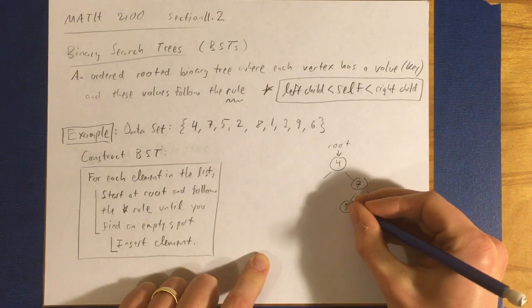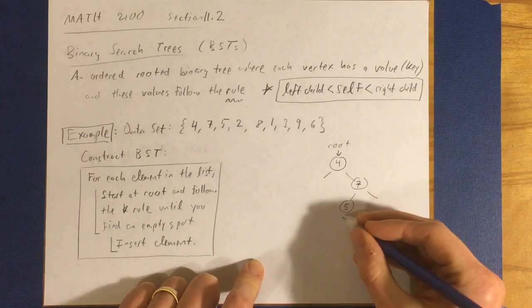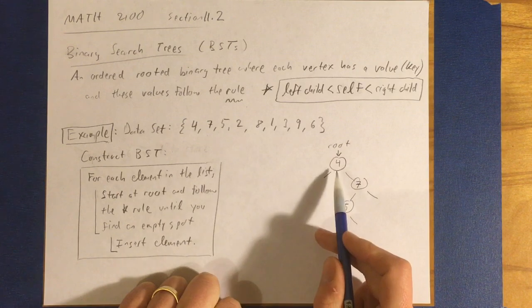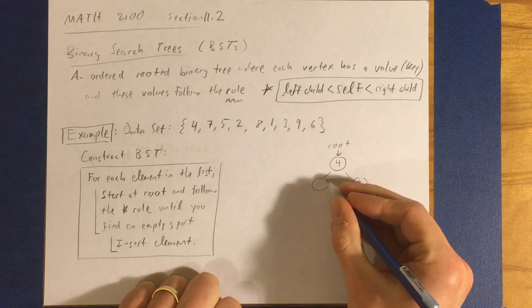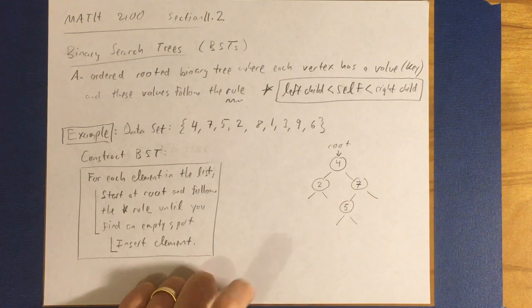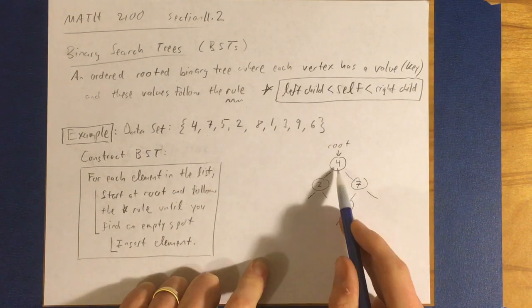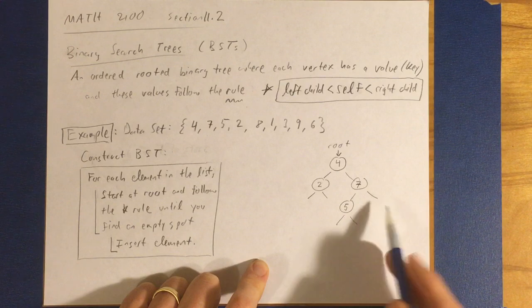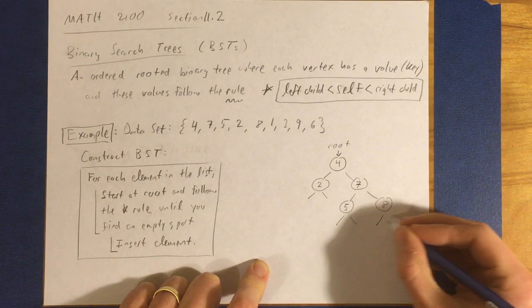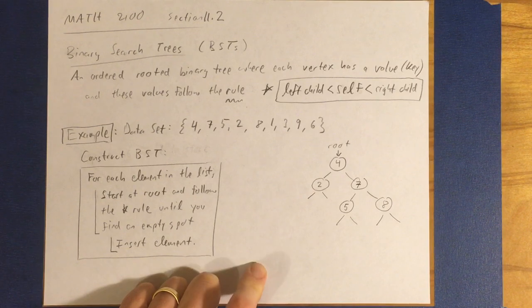And then that's going to have a left and a right child. All right, 2 is less than 4, and that spot is empty, so we put it in there. Then 8, greater than 4, also greater than 7. That spot is empty, so we put 8 in right over there.